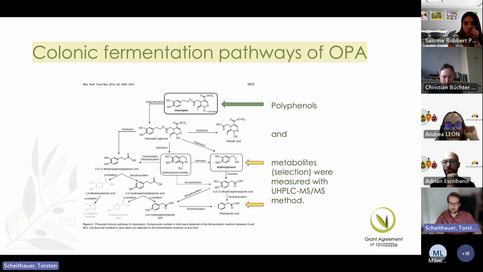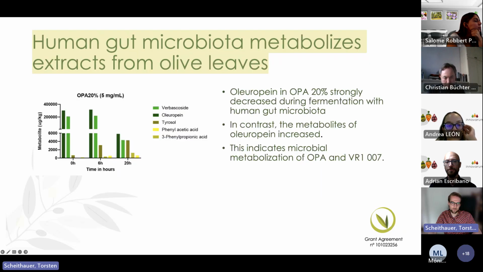So we set up an MS method where we can basically measure, at the same time, different polyphenols and also different metabolites from these polyphenols. And here I'm focusing on the OPA20. So we took samples at 0 hours, so at baseline, at 6 hours of fermentation in our microcolon model, and also at 20 hours of fermentation.